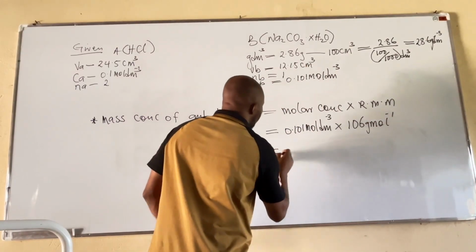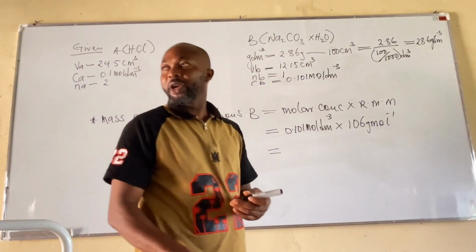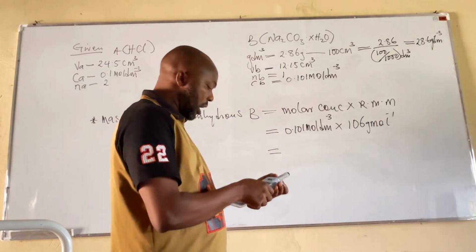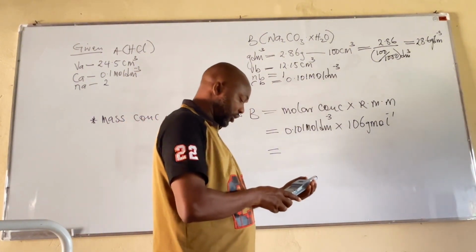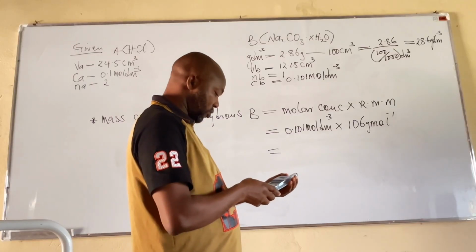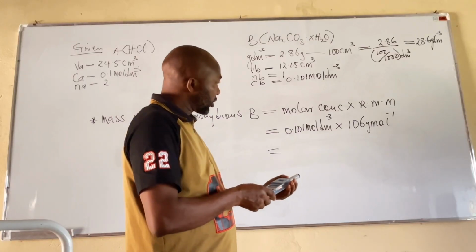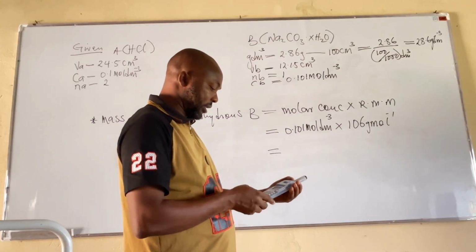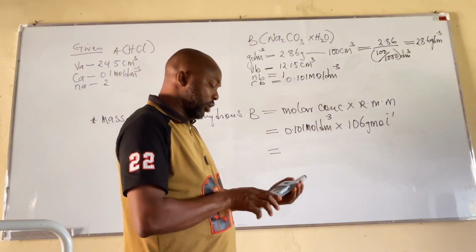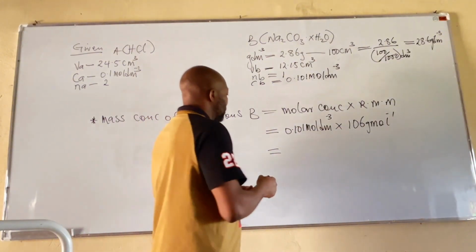So in that case, 0.101 times 106 will give me 10.706.